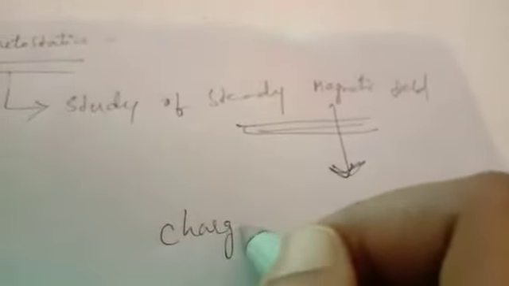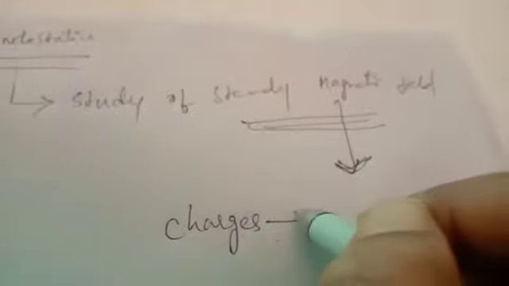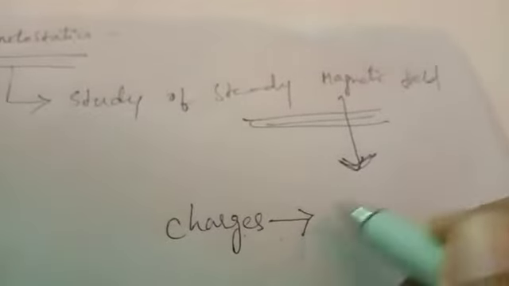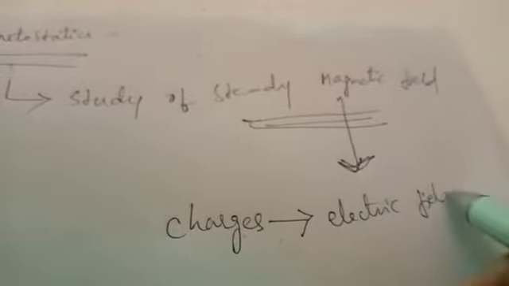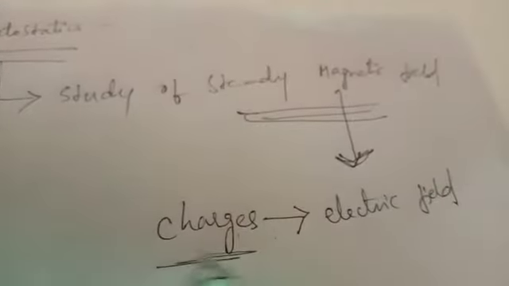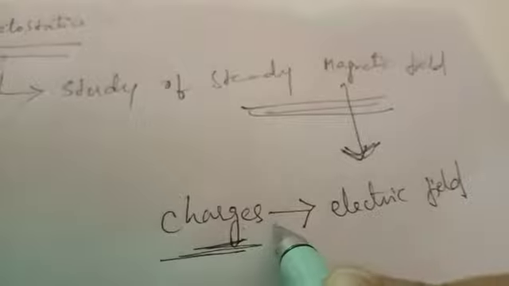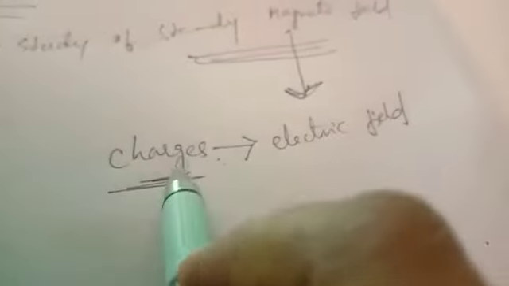When the magnetic field is produced, we all know that charges are present. If charges are present, then there exists an electric field, even if there is no motion in the charges, even if the charges are at rest.